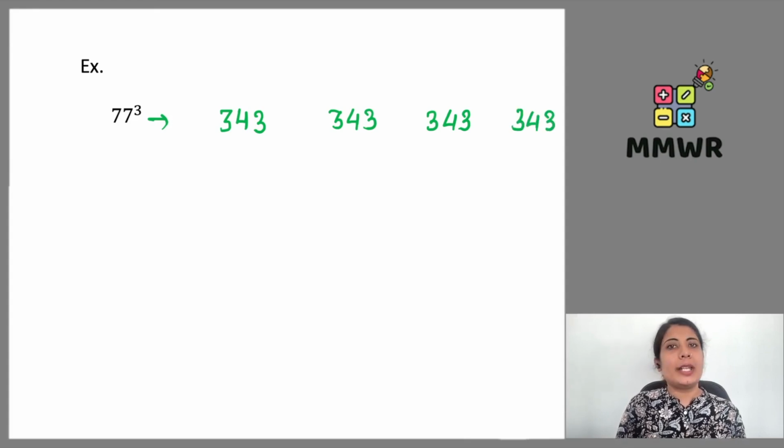Okay. Now let's take twice of the middle values. That means excluding the first and the last one, we'll take 2 times of 343. So this gives us 2 3s are 6, 2 4s are 8, 2 3s are 6. 686.